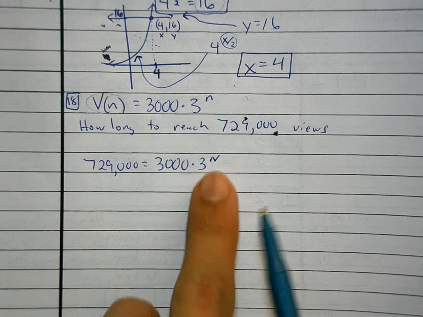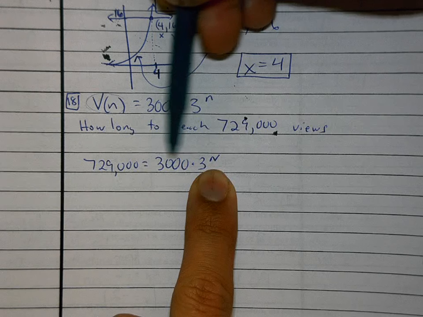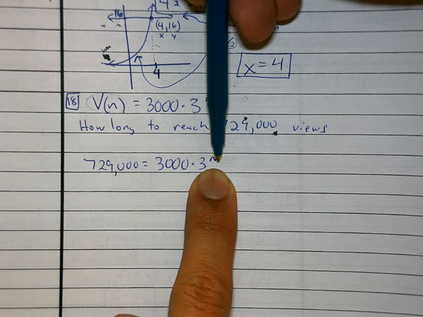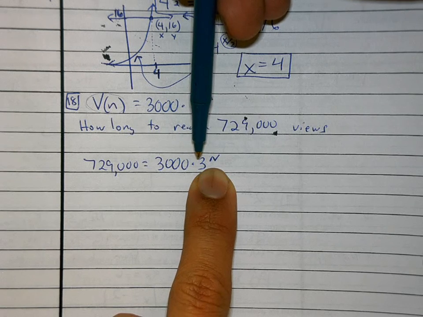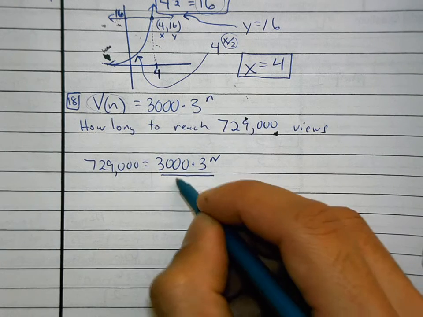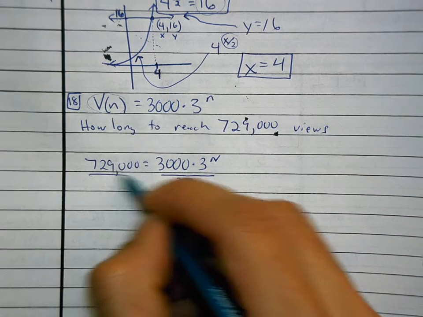We want to get this 3 to the n by itself. We're going to get rid of this 3,000. What is the 3,000 doing to the 3 to the n? And what is the opposite of that? So we want to divide by 3,000. Whatever we do on one side, we do to the other.